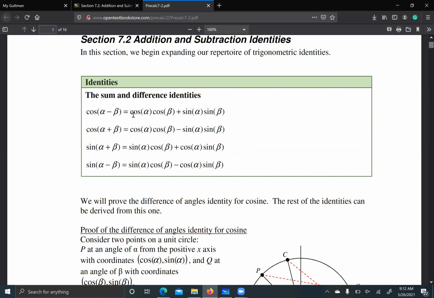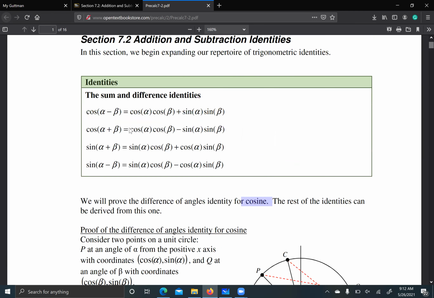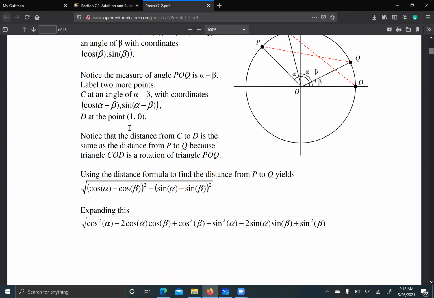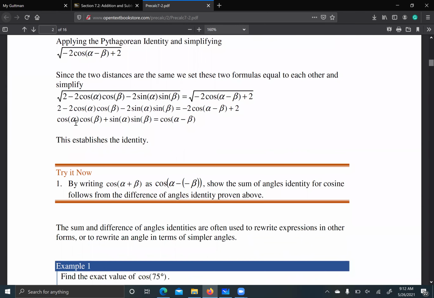To see how these identities hold, there is a proof in your textbook for the cosine identity. I encourage you to read over this proof to see why this identity holds.